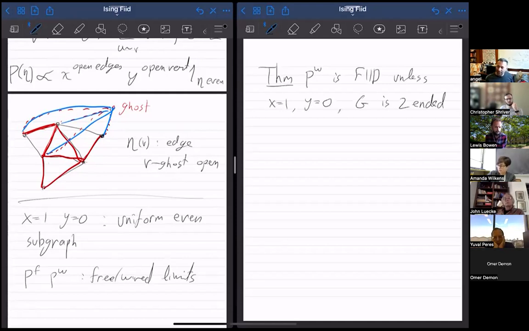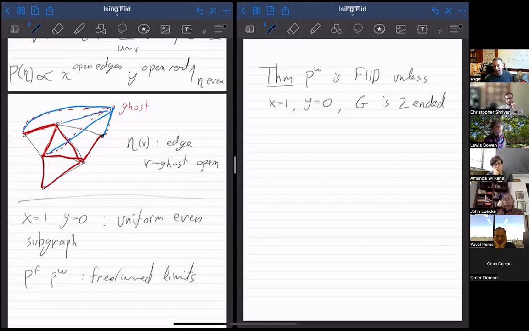So should I say what two-ended means? No? Okay. So this is the only problematic case.